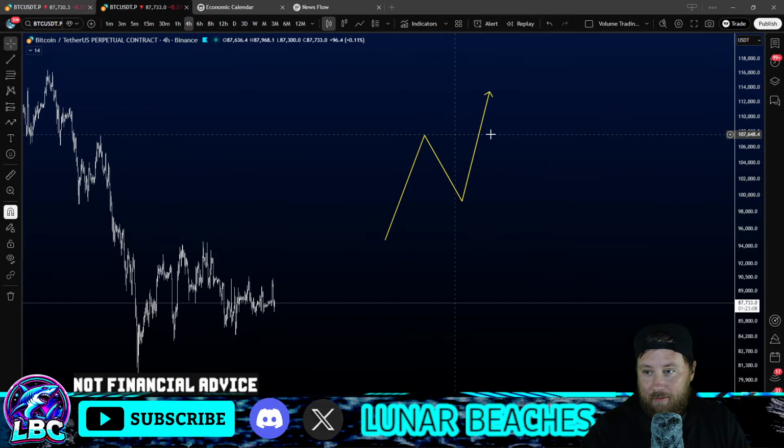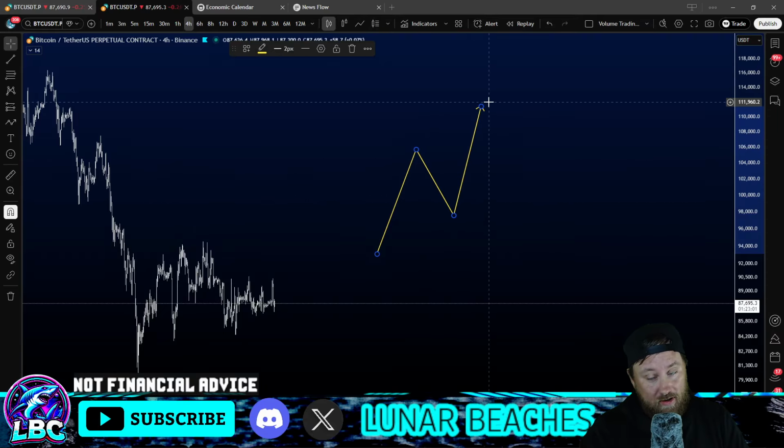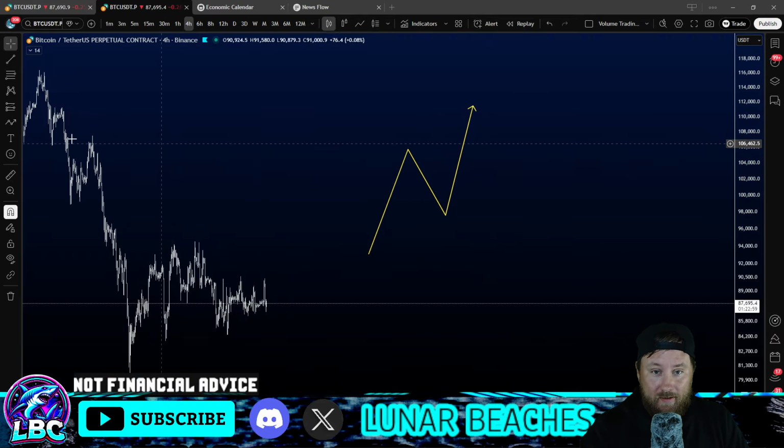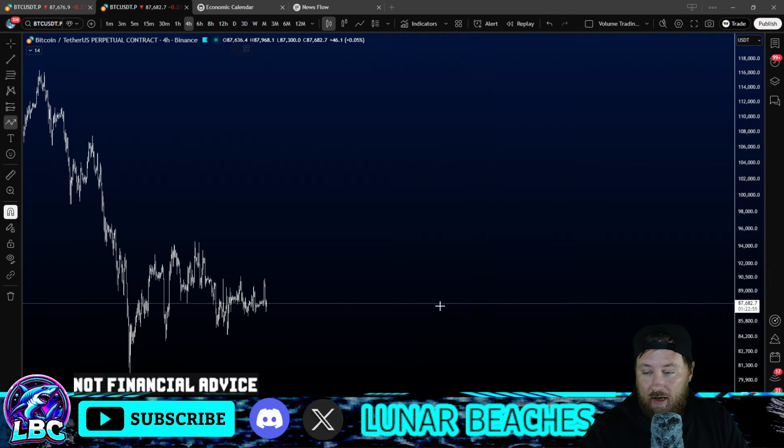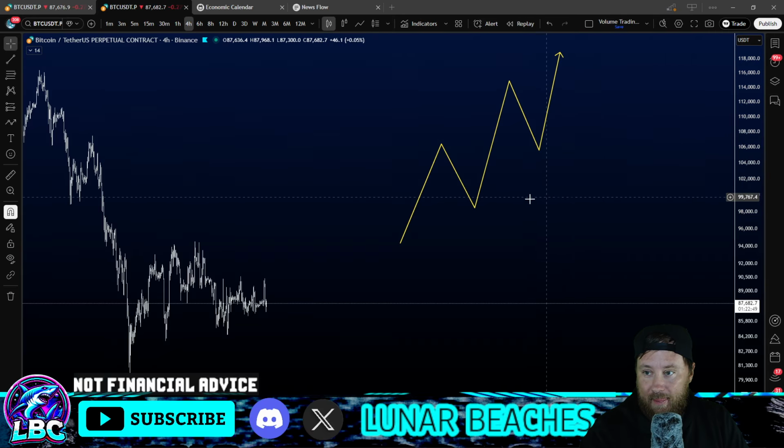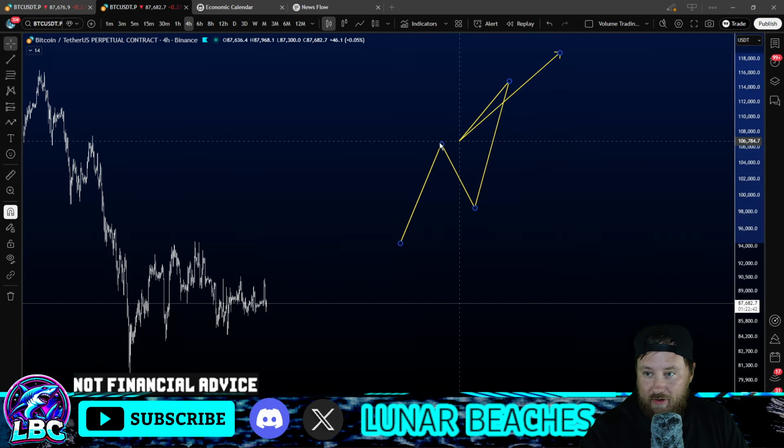So if I get that break, I now know that I could be in an uptrend, especially if we get higher highs and higher lows continually, with not a lot of overlap between this pullback and this previous range right here.